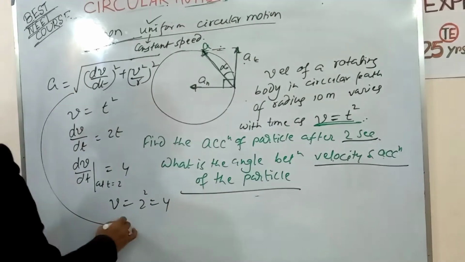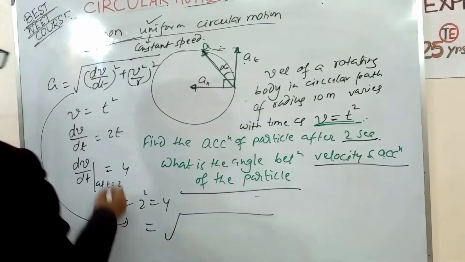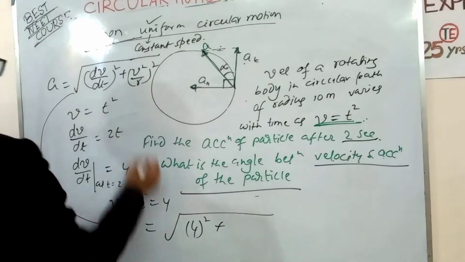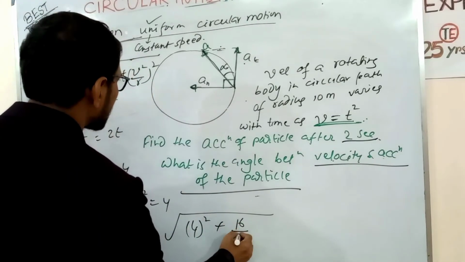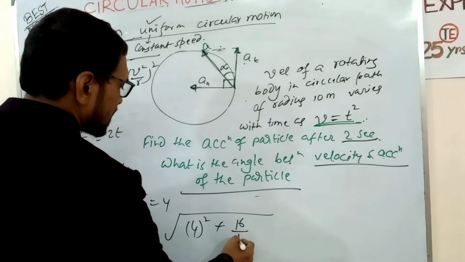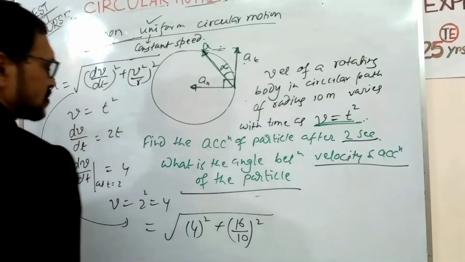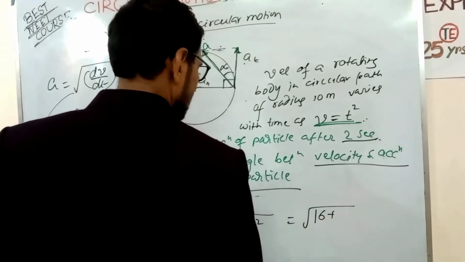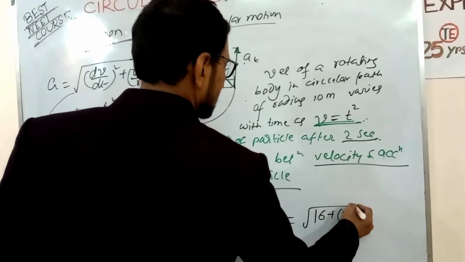So what is the acceleration? Now put dv by dt equal to 4, square it, and v square is 16, so v square by r equals 16 by 10, with r equal to 10, whole square. So this is the answer.